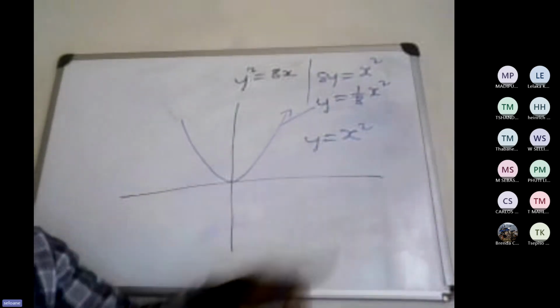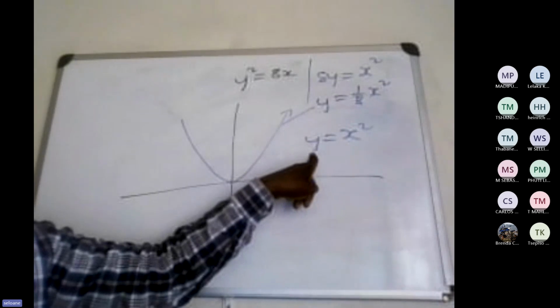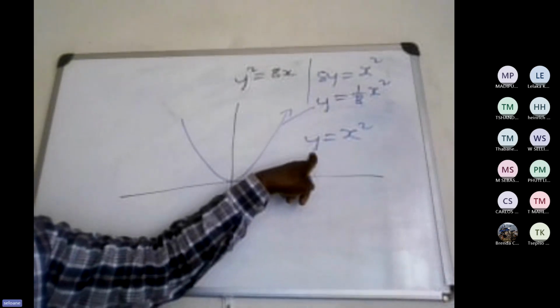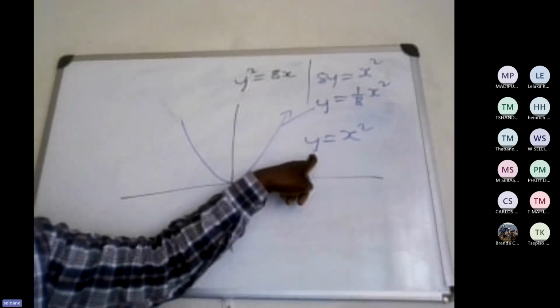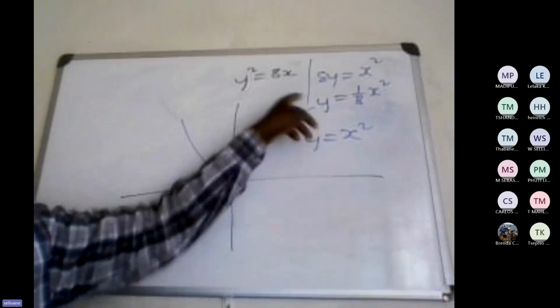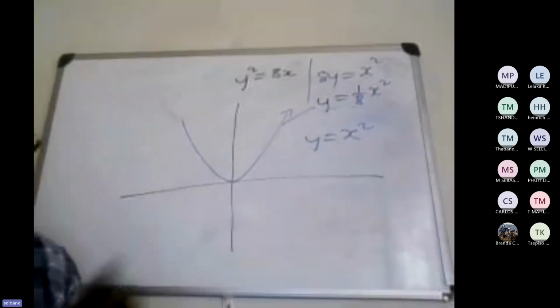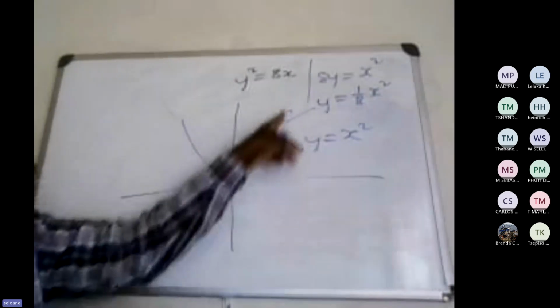You can't differentiate the graph of this one and this one unless they are drawn on the same set of axes. If they are not drawn on the same axes, because they have the same shape, they will all look like this.